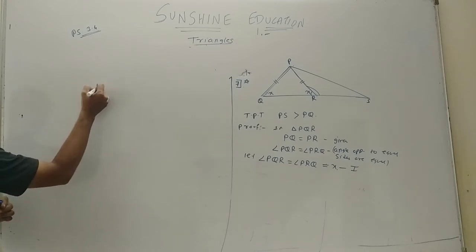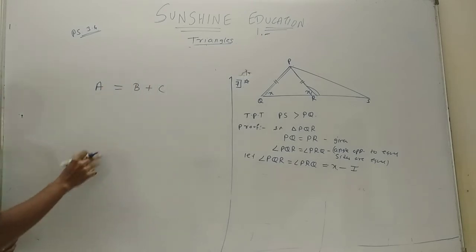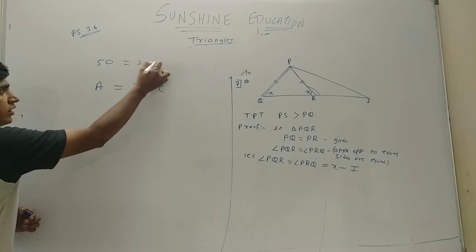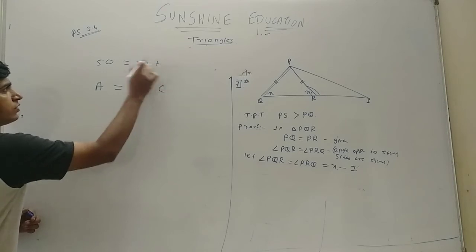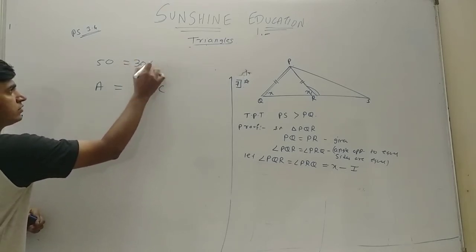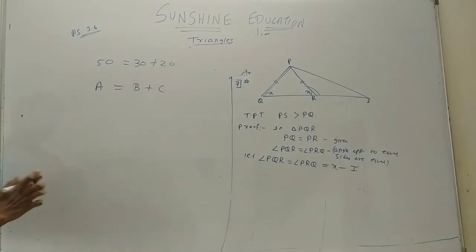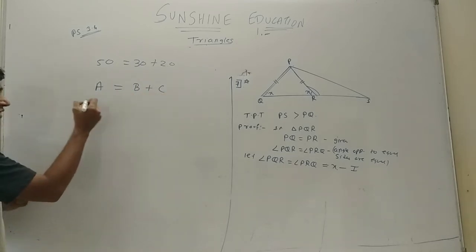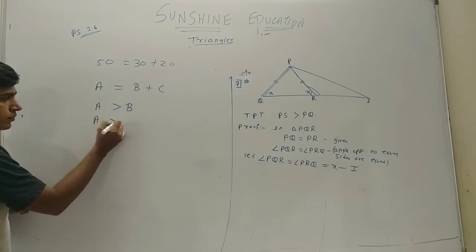If I am saying that A is equal to B plus C, for example, take numbers, 50 is equal to 30 plus 20. If A is equal to the sum of two numbers, then it is sure that A is greater than each individual term.